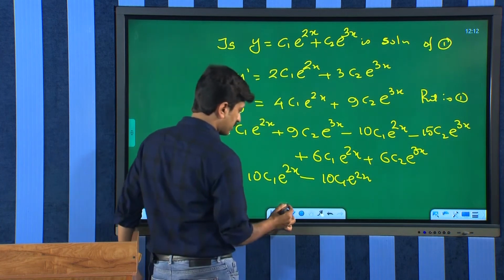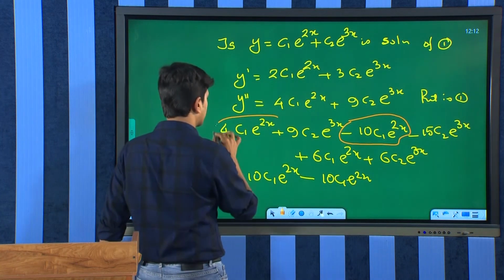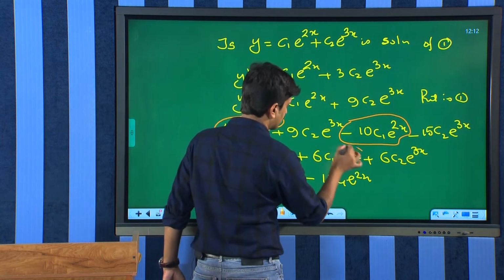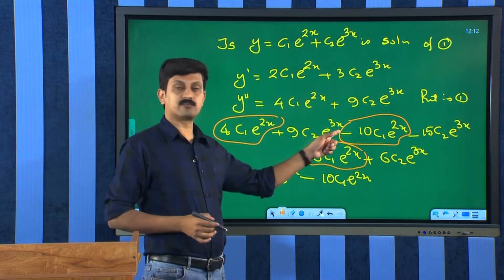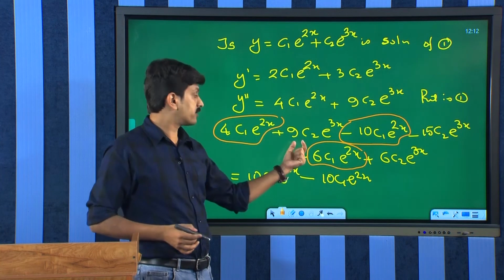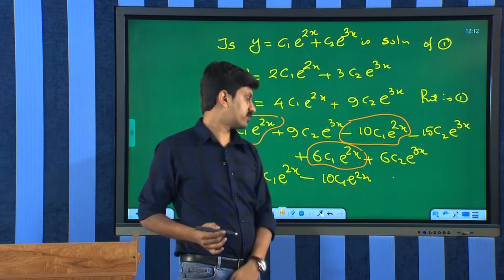The remaining terms are 9 C2 e raised to 3x plus 6 C2 e raised to 3x.